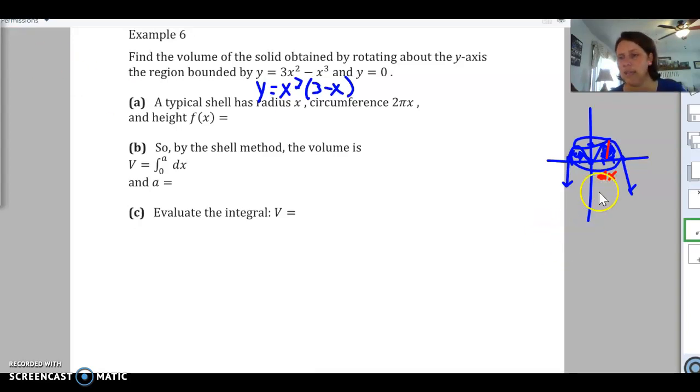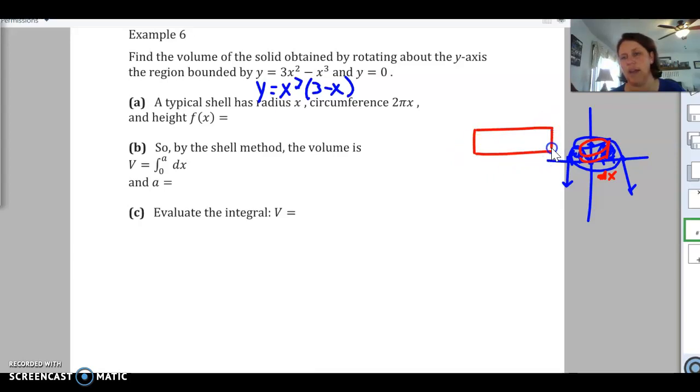A shell is a section that goes all the way around our shape. So we're going to take that shell, cut one little piece of it, and roll it out into a rectangle.